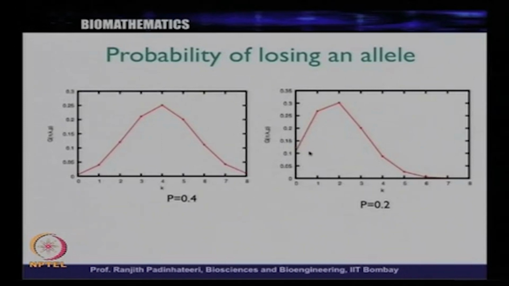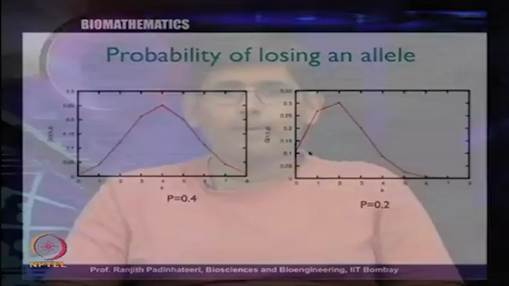So this is one prediction we can make. Essentially, given this information, we are predicting the probability that in the next generation one particular allele will be lost. You can also predict the probability that a given allele will be lost after t generations.